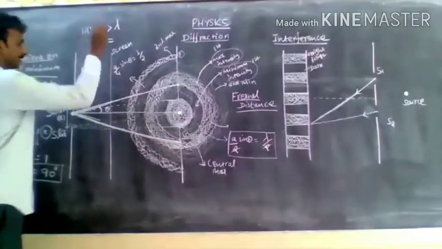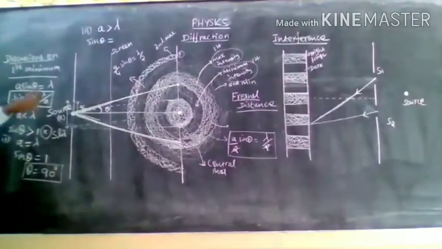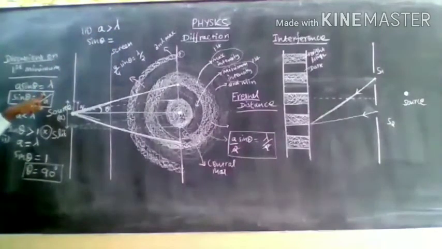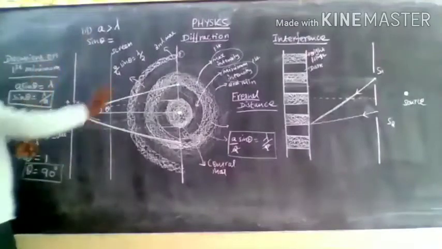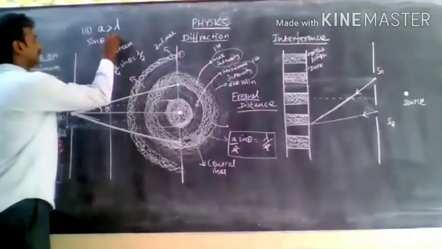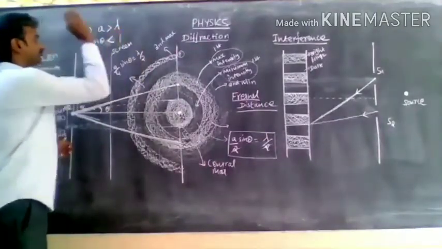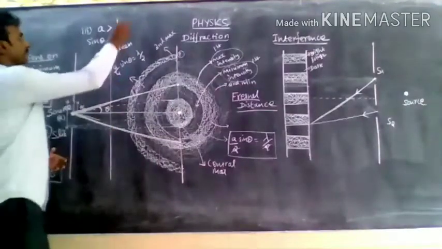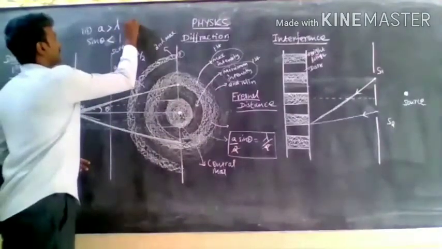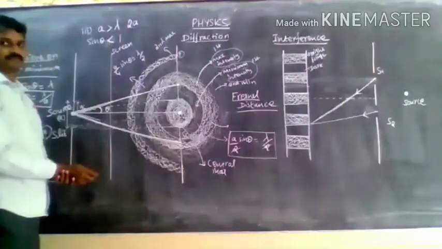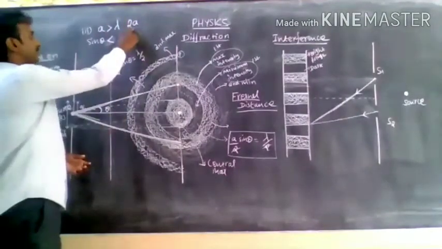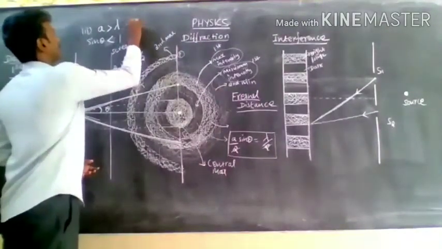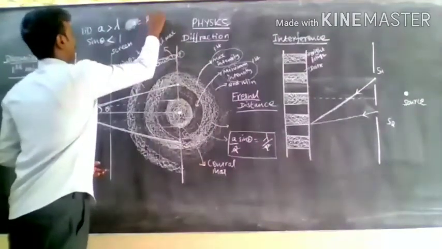Sin theta equals lambda by a, so it indicates the numerator is smaller and the denominator is larger. Therefore, we get the answer lesser than 1. Suppose the size of the slit is 2a, equal to 2 times lambda.